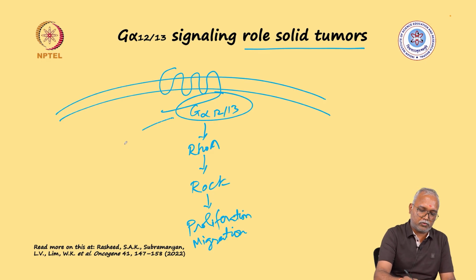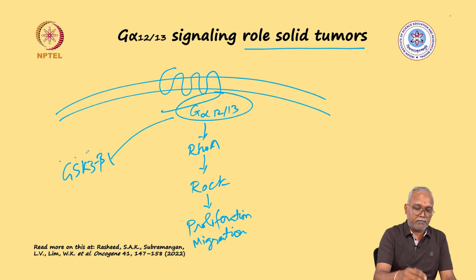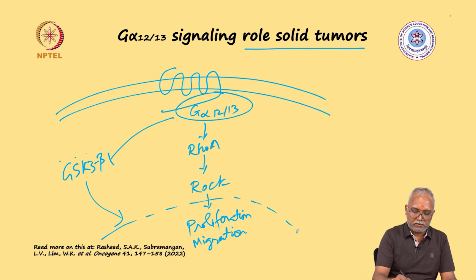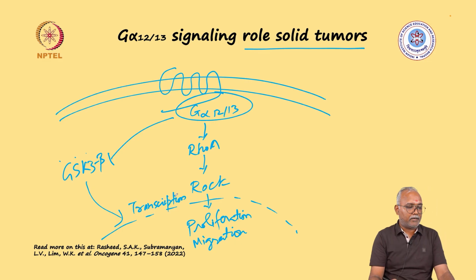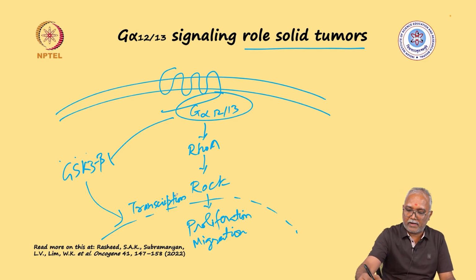It also works through the enzyme called GSK3 beta, glycogen synthase kinase. This inhibits the glycogen synthase kinase activity, which impinges on transcription and helps in multiple processes. Eventually, all these things are happening through different routes. It also responds to the JAK-STAT pathway.